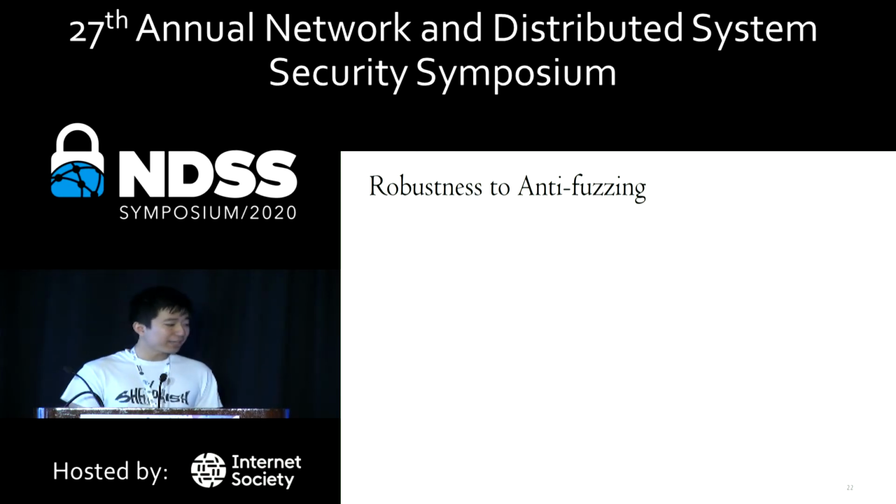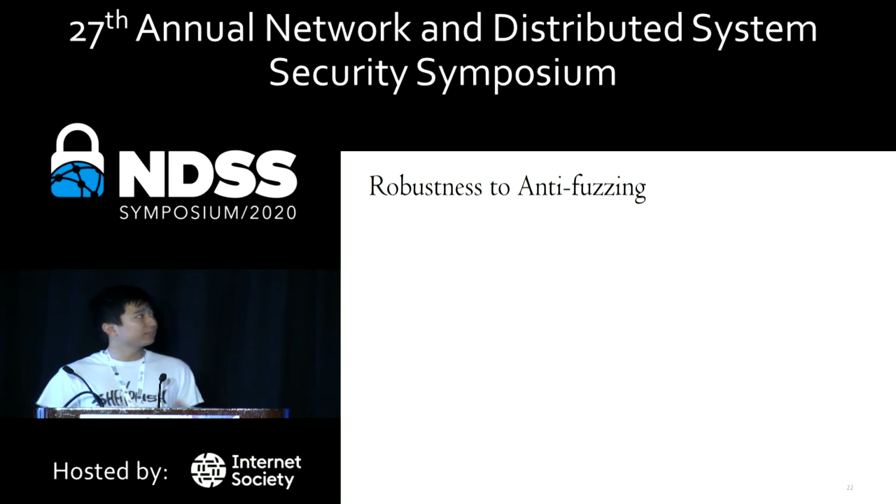But coverage accounting was not designed to beat anti-fuzzing. Because of the design and the nature of coverage accounting, it actually shows robustness to anti-fuzzing to some degree. Recall what we talked about anti-fuzzing? Anti-fuzzing will inject a lot of fake coverage measurements into the program.